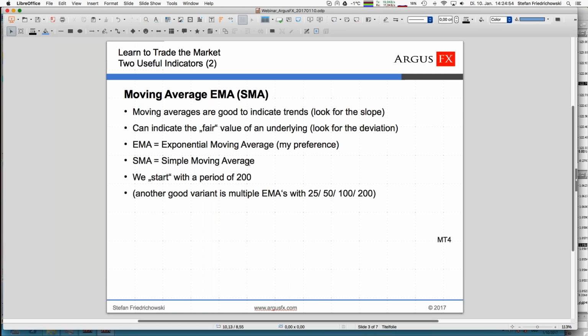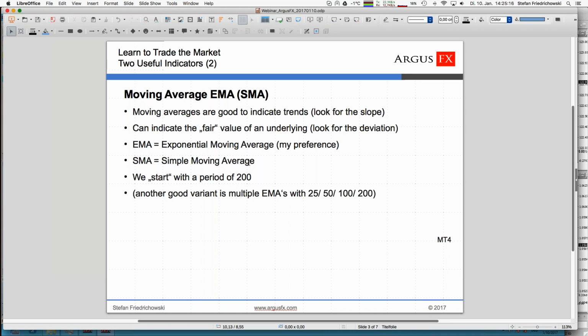The EMA instead is calculated a little bit differently. EMA moving averages pronounce the younger history more than the older history.